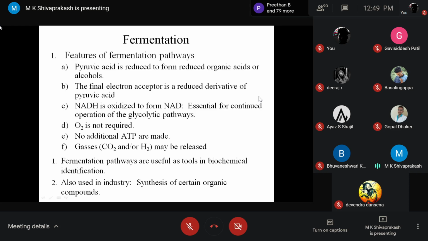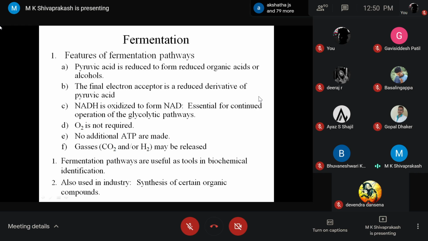Then fermentation pathways are useful as tools in biochemical identification. That's very important. This you will learn maybe this week in the next practical topic, biochemical reactions of microorganisms.